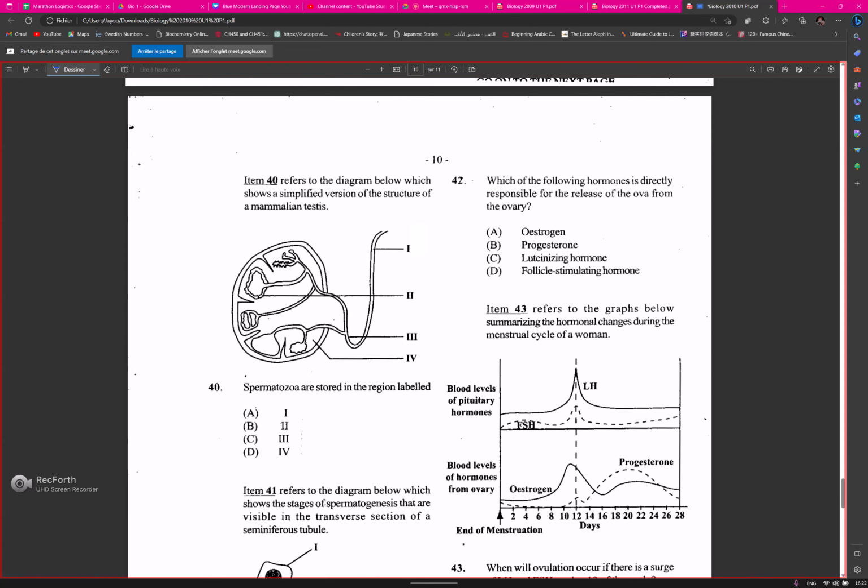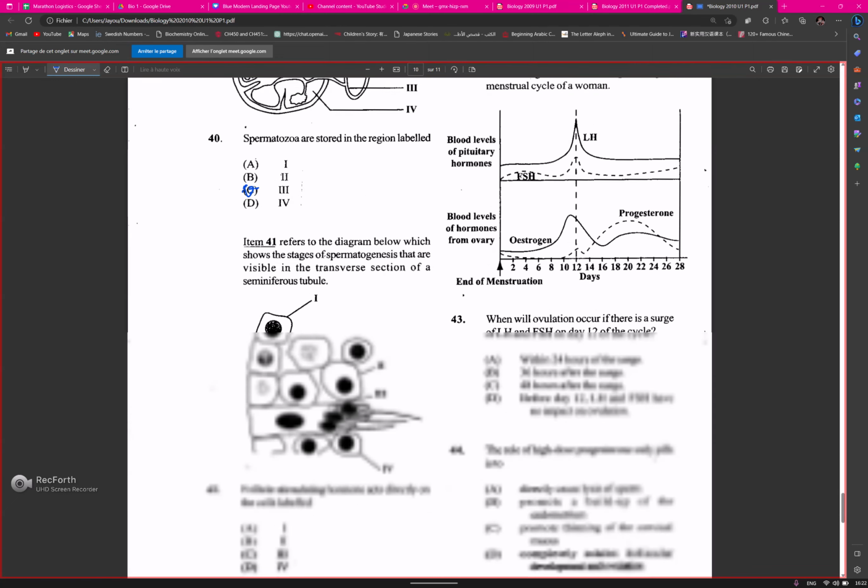In the epididymis. Beautiful. So 3 shows the epididymis. We're going to see this repeated as well.